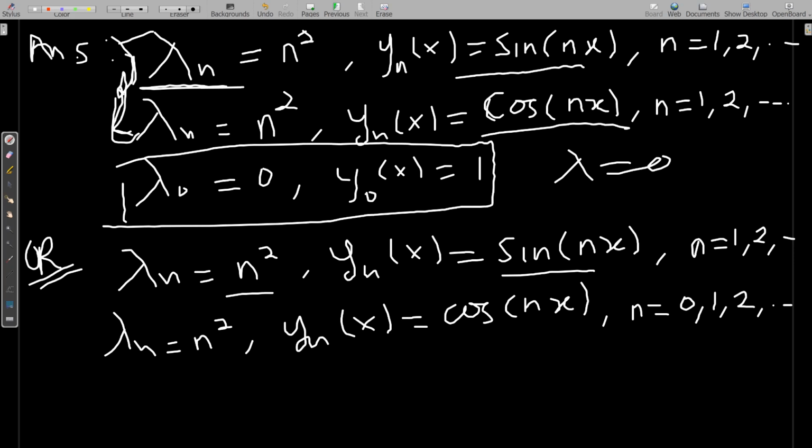So with the cos aspect, let's start n at 0 and then 1 going. Remember, here it was n equals 1, 2, 3, and the rest. But with this one, we have n equals 0, 1, 2, 3, and the rest. I hope you understand. So this part will actually give you the second case back.